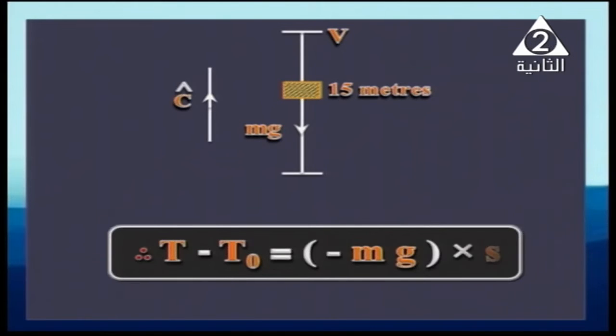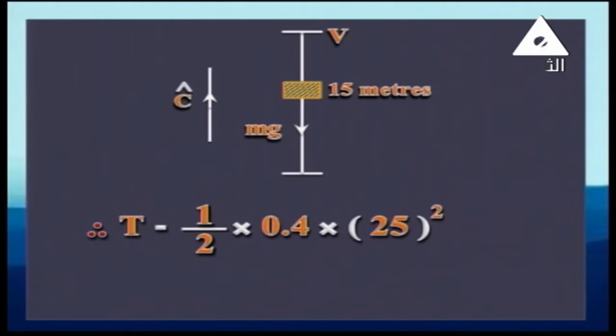Then, my dear student, what is the work done? It equals F times S. What is the F? Negative mg times S. Why negative? Because it is vertical motion. Negative mg times S is the change of kinetic energy.